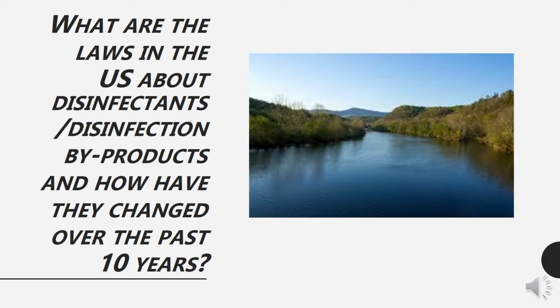Under the Stage 1 DBPR, the maximum contaminant level for total trihalomethanes was lowered, and the maximum contaminant level goals were created for individual DBP species within the regulated groups. It's important to note that the maximum contaminant level goals are non-enforceable public health objectives that do not consider technological and economic constraints of water treatment plants when defined.